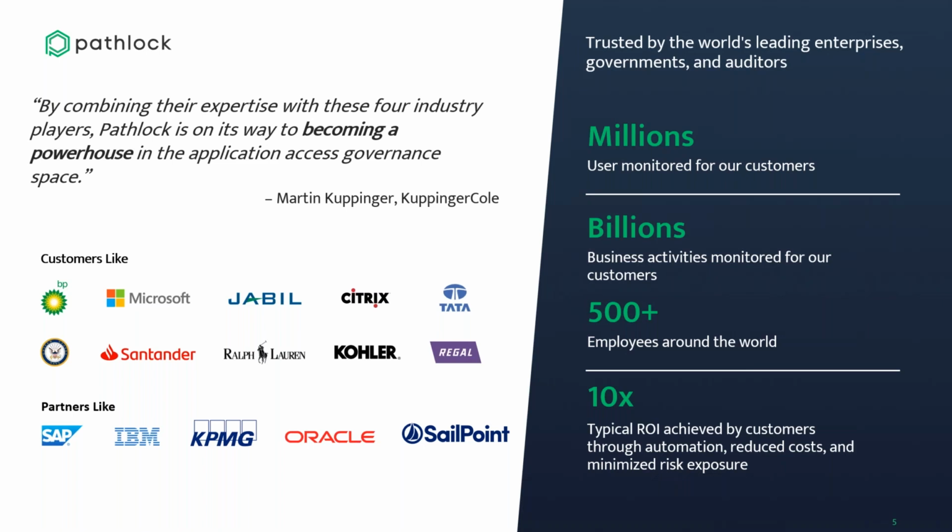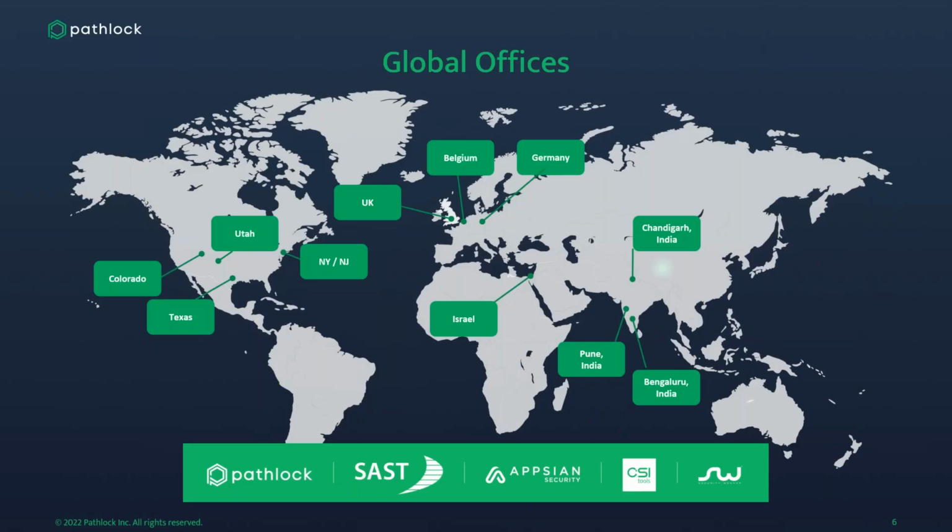I will show you why we have grown so much this year, because we have a merger of 5 companies, as you see here: Padlock, SAS Solutions in Germany, Apsian, CSI Tools in Belgium, and Security Viva from Great Britain. Right now we have offices globally, mostly in Europe, India, and the United States, but also in Israel and the United Kingdom.